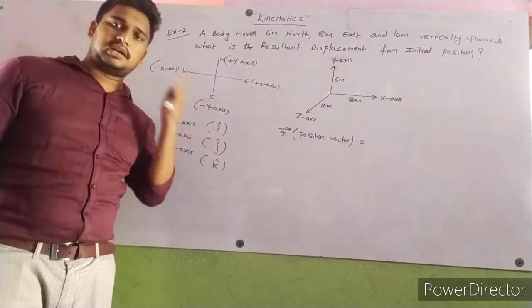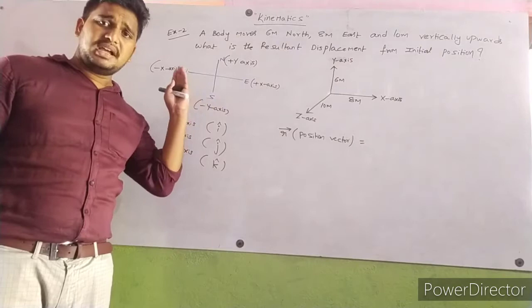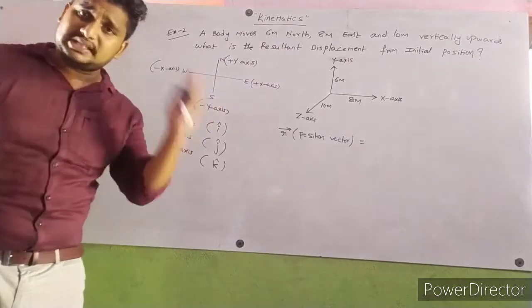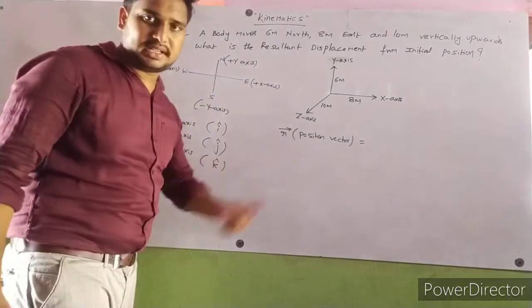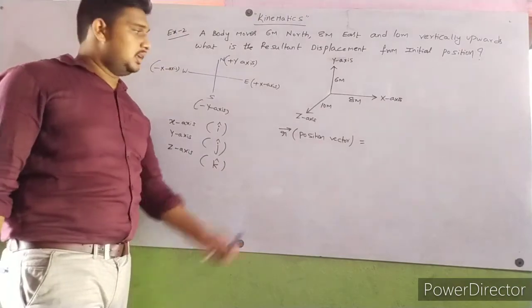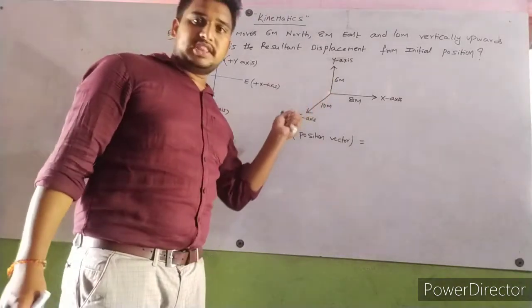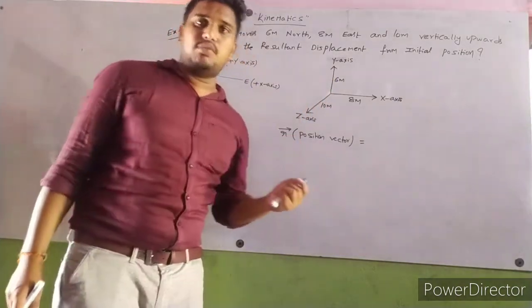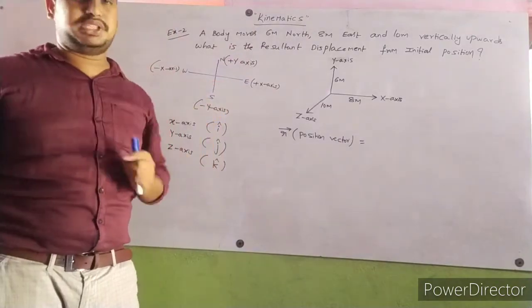When we study the topic of vectors, we get the position vector. Position vector means body movement with respect to the origin.